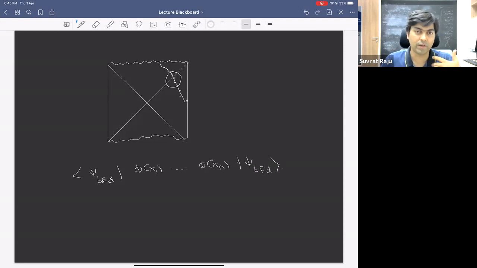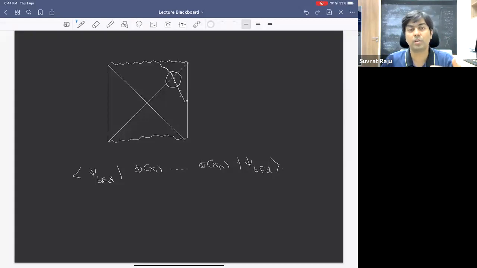But the basic point is that this has to do with observers who fall in from the right, and the fact that the observers fall in from the right is to emphasize that these operators, as we discussed yesterday in a theory of gravity, need to be dressed, and you need to be careful about how exactly the operators are dressed.